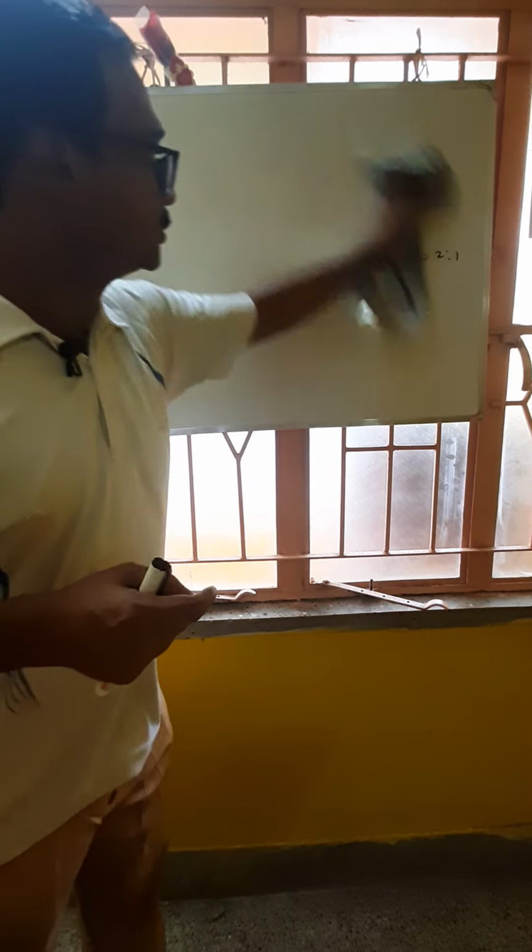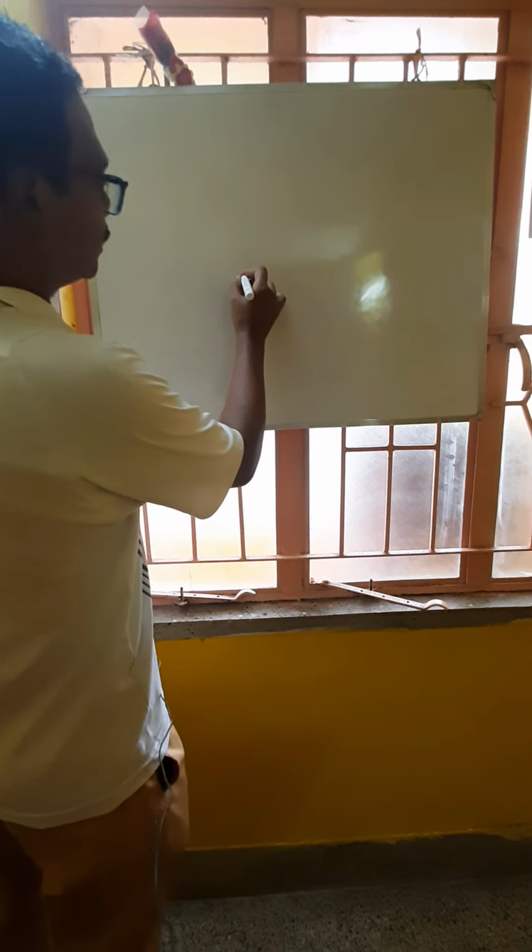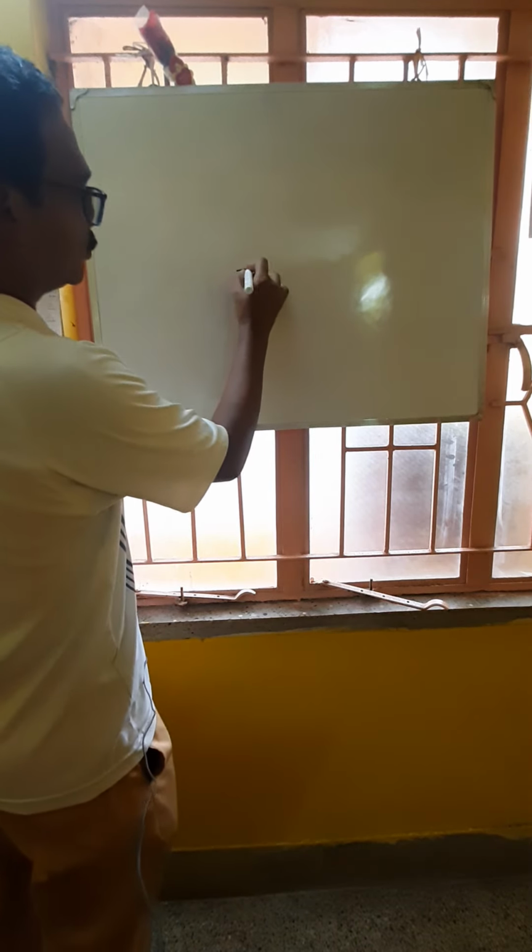So you know that if a and b are two vectors, let us do it on the whiteboard. On the whiteboard you can see the steps there. Suppose a and b are two vectors, and what will happen in the dot product of two vector quantities?